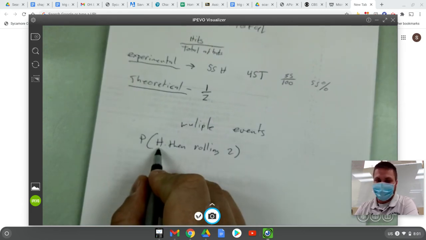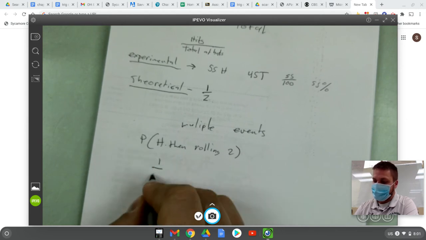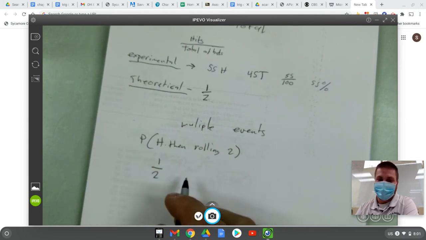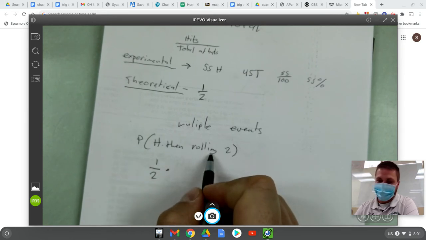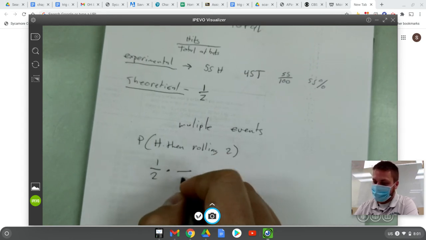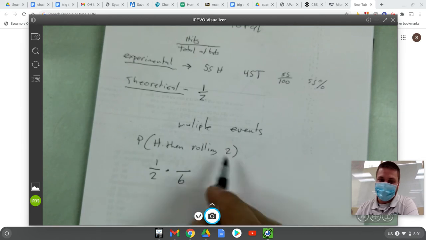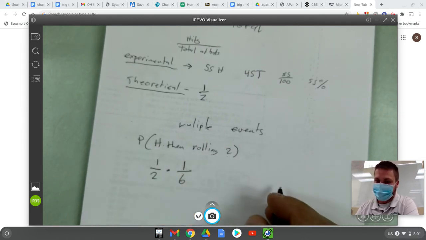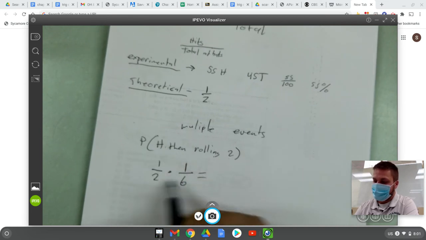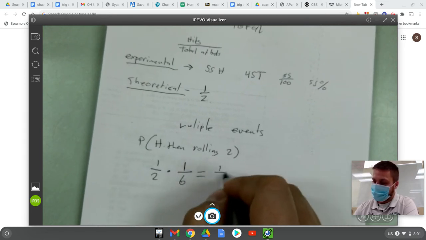When I flip the coin, success is a head out of the total number of outcomes, heads or tails, so 1/2, times the probability of rolling a 2. A die has 6 options: 1, 2, 3, 4, 5, and 6. It's only a success if I roll a 2, which is one of the 6 options. So the probability of flipping a head and then rolling a 2 would be 1 out of 12.